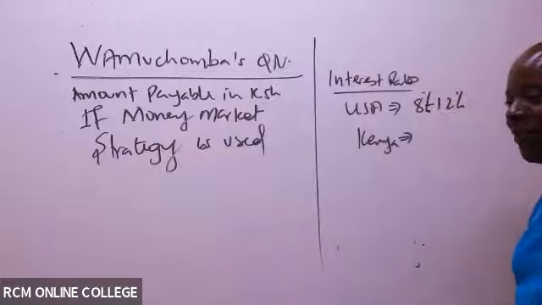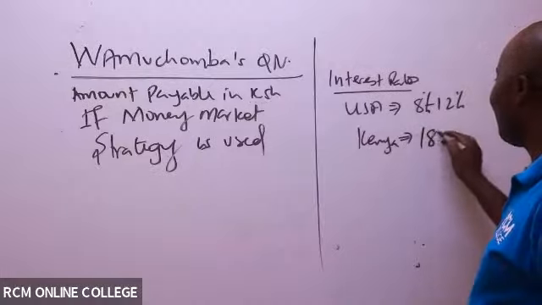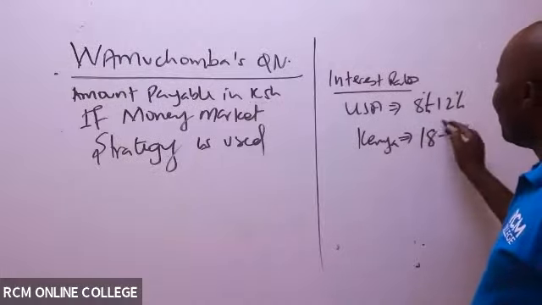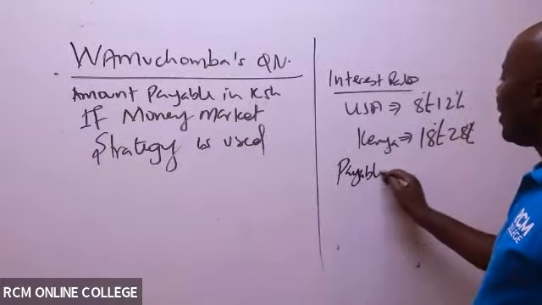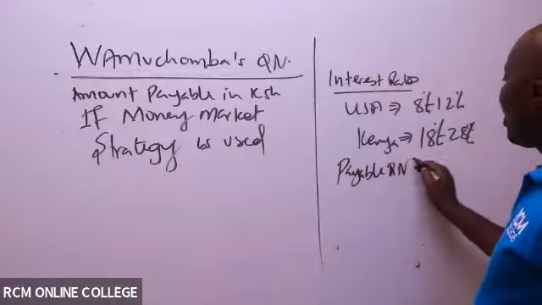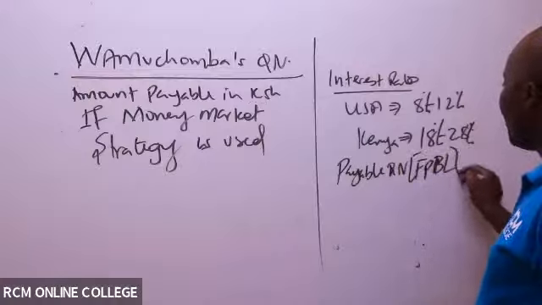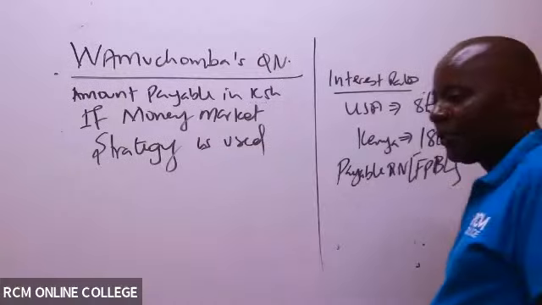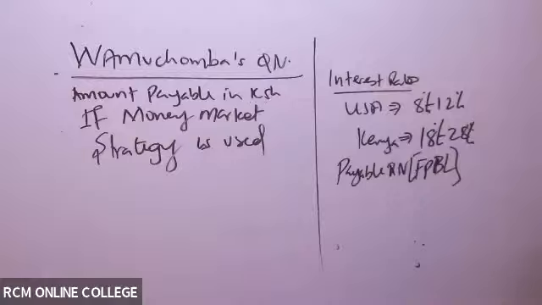How about Kenya? 18 to 28. And remember, this is a payable question. If it's a payable question, we are using FPBL, the second rule.